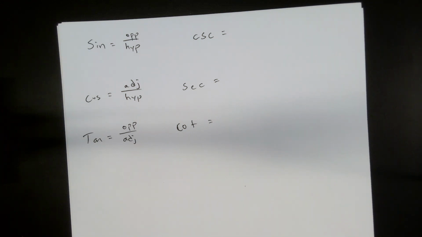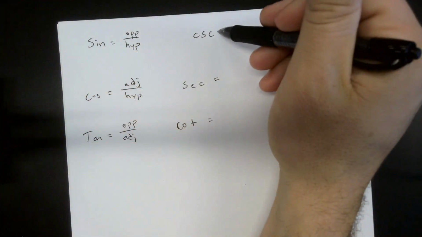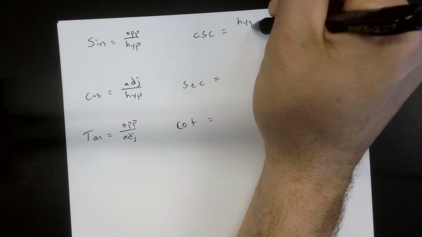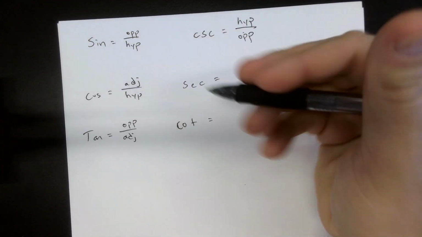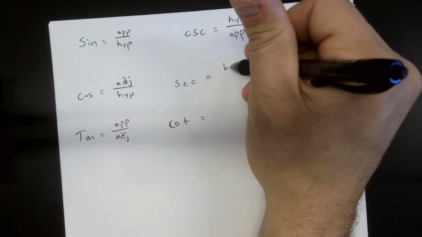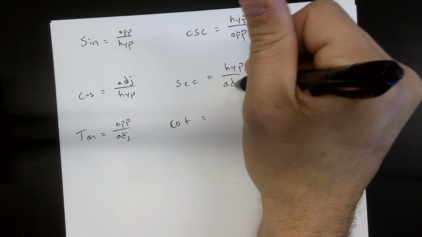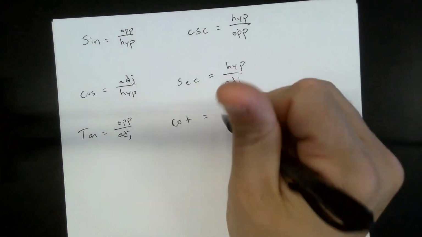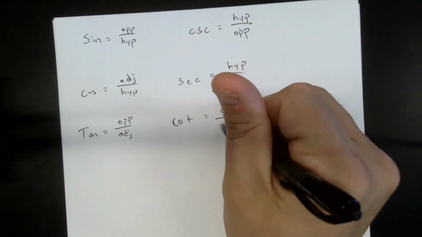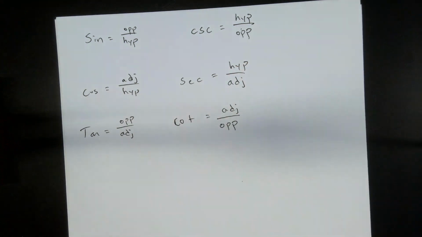Will we use those? Yes, you will see them today. Cosecant is the opposite of sine. Secant is the opposite of cosine. And cotangent is the opposite of tangent.